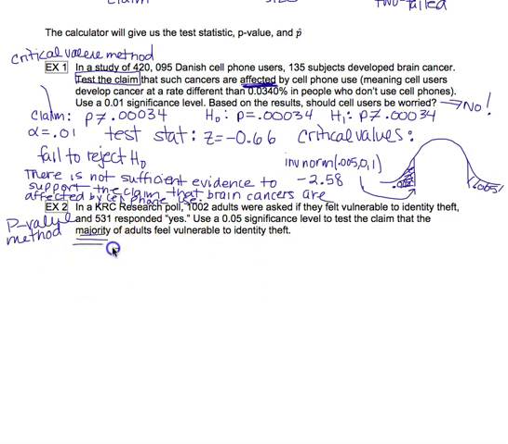So this claim is saying that P is more than half, or P greater than 0.5. So that's our claim. Our null then would be that P is equal to 0.5. And our alternative matches the claim.